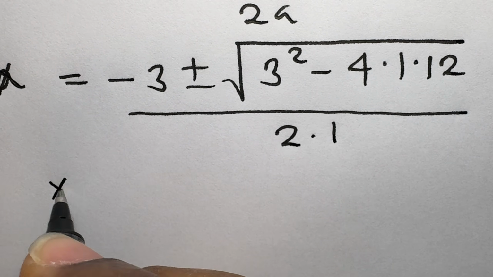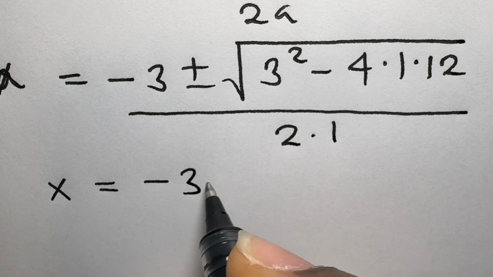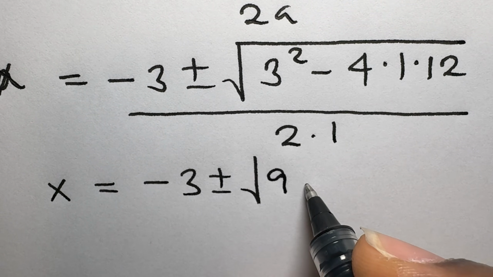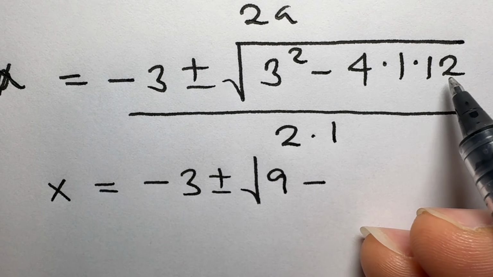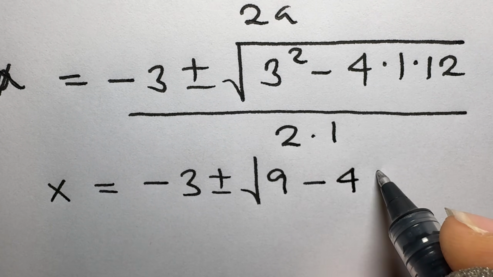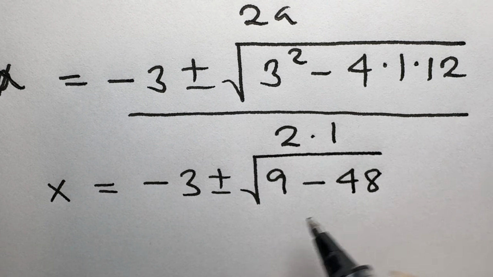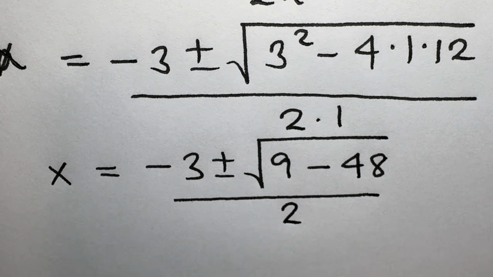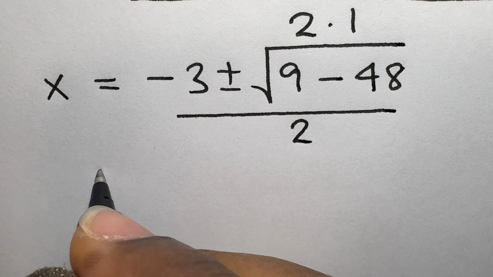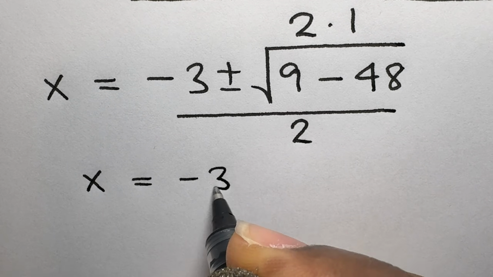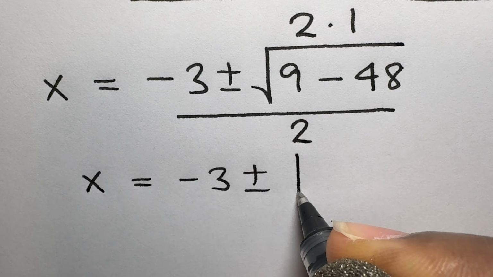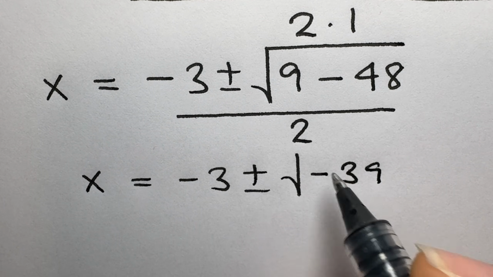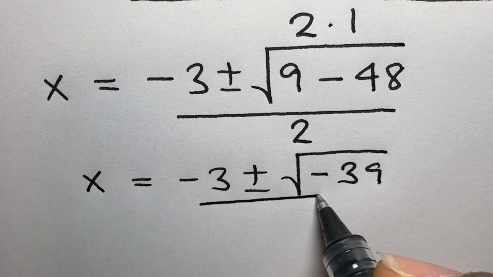So x is equal to minus 3 plus or minus the square root of 3 squared is 9, minus 4 times 1 is 4, 4 times 12 is 48. Then divided by 2 times 1 is 2. So x is equal to minus 3 plus or minus the square root of 9 minus 48 here is minus 39, then divided by 2.